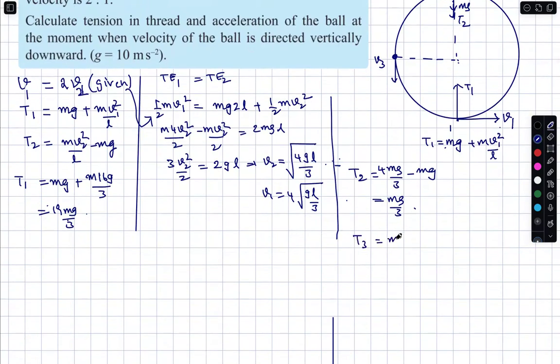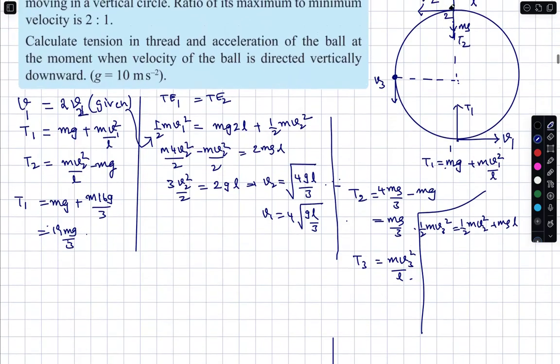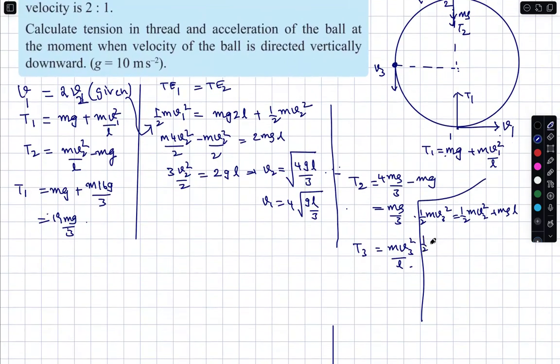T3 is nothing but mv3 square by L. So how do you get mv3 square by L? Half mv3 square is equal to half mv2 square plus mgl, the law of conservation of energy at these two points.